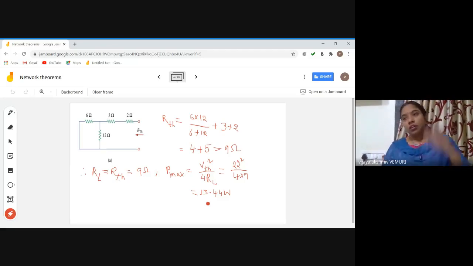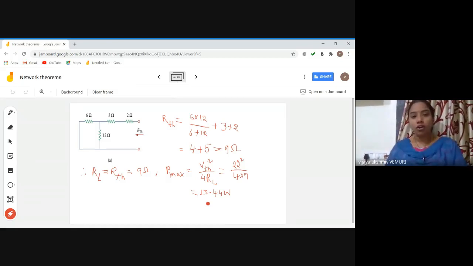The best application for the maximum power transfer theorem is the audio system, like the mic system you are observing now. This is the season of Ganesh Utsav. Every street you can find mic settings, all those things, isn't it?